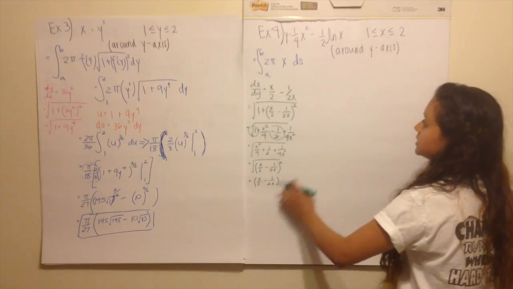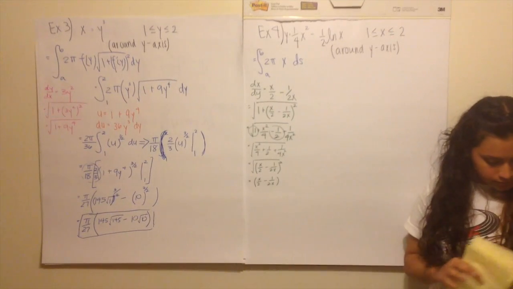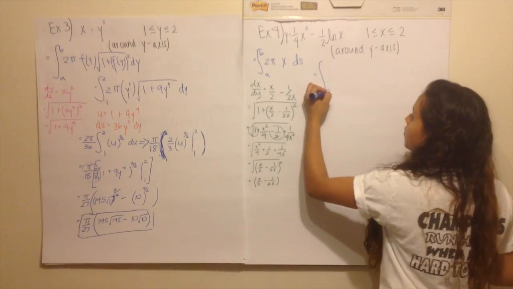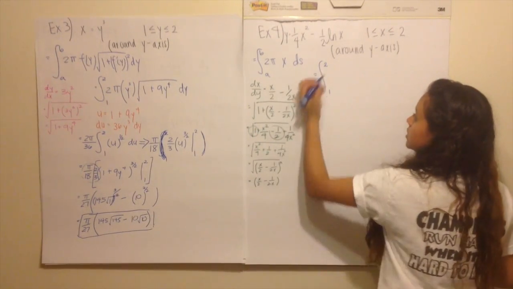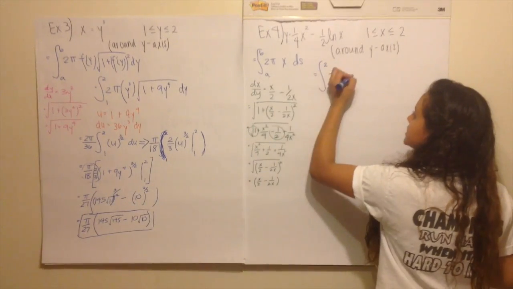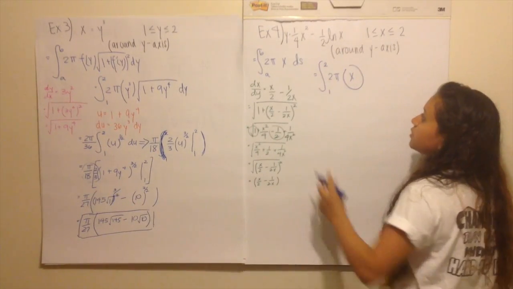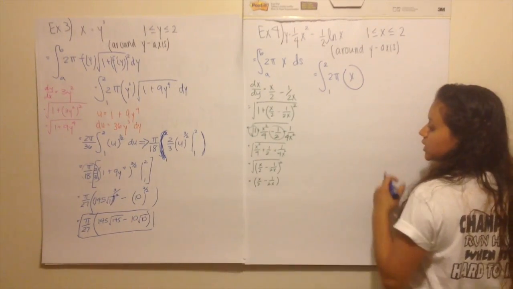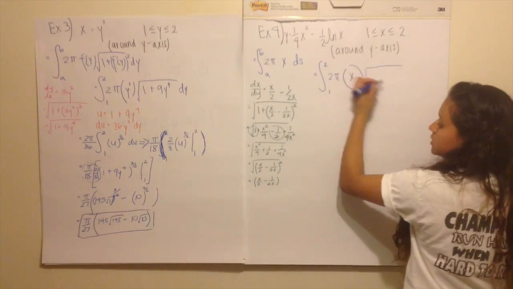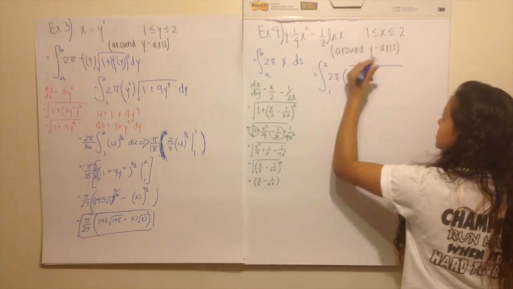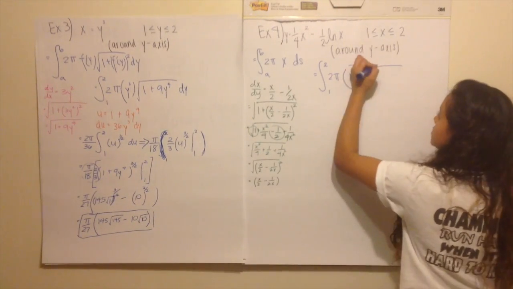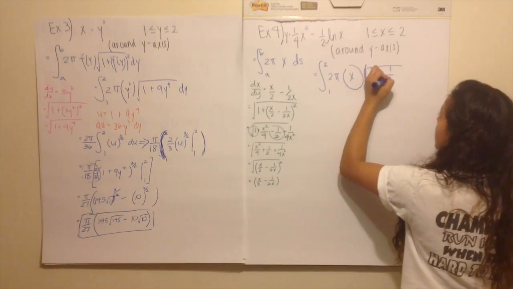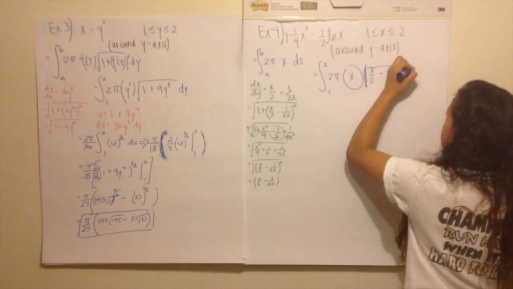So now, having that, we get to put it into our formula. Integral from 1 to 2 of 2 pi x. Like I mentioned before, we don't put our function, we put just the variable x, and our arc length, which we solved already: x over 2 plus 1 over 2x, dx.